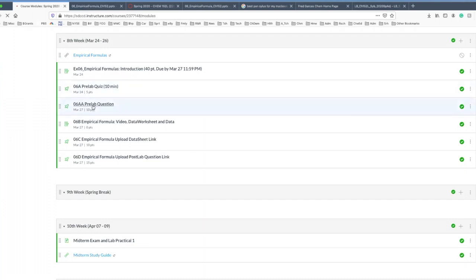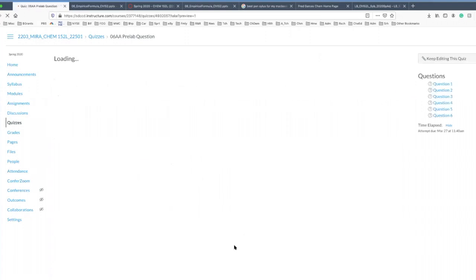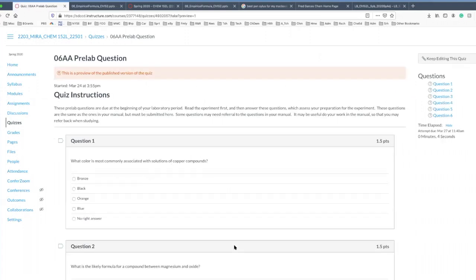The pre-lab questions are basically the same questions that you see in your lab manual. I'll give you a preview, except I've made it easier for you. I've taken those questions and made them multiple choice questions. Instead of you just writing out an answer, I give you choices. What color is most commonly associated with solutions of copper compounds?